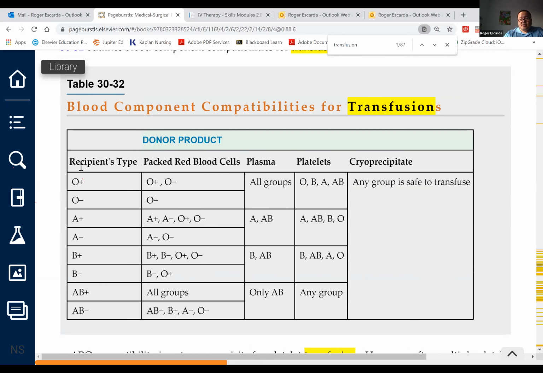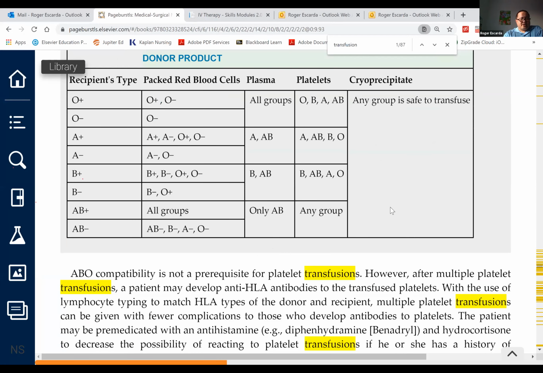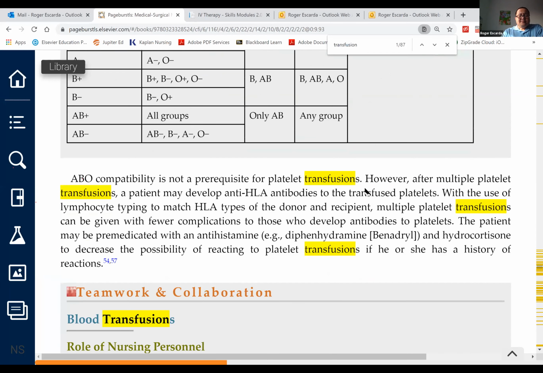It may sound elementary, but we still ask these because the most common cause of a hemolytic reaction, which is the most serious, is ABO incompatibility. It's less likely to occur now unless people take shortcuts, or if it's an emergency situation wherein we take shortcuts. I mean, we're pretty good with typing and cross-matching nowadays.